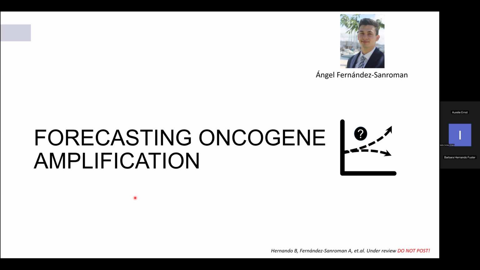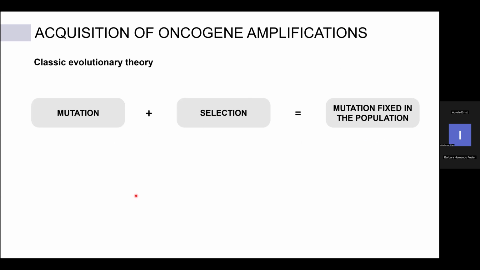But of course, forecasting tumor evolution is a really big challenge. And we started by constructing a framework to forecast oncogene amplifications. So this framework is based on classic evolution analysis. To fix a mutation in a population, you need that this mutation occurs.